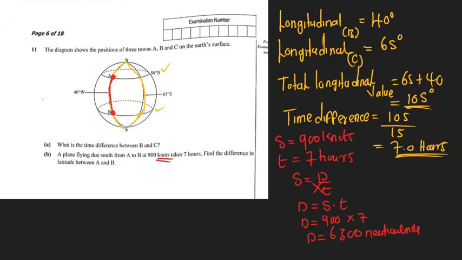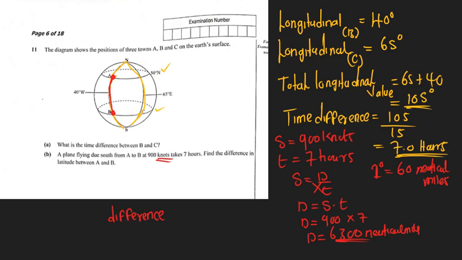Now, per a single degree, you always make an assumption that you will be having how many nautical miles? 60 nautical miles. So whatever distance value you are going to get, just divide it by 60, and then you get your difference in latitude.